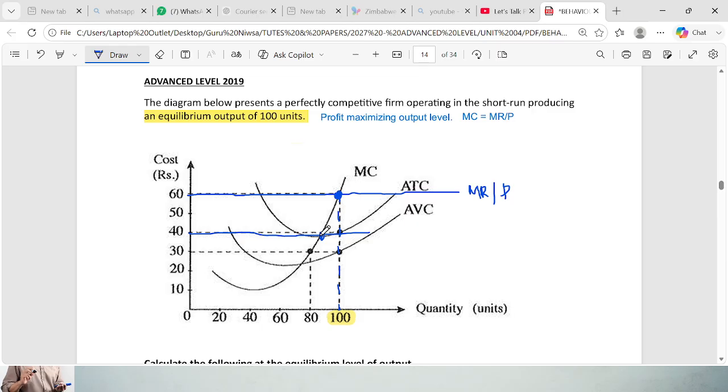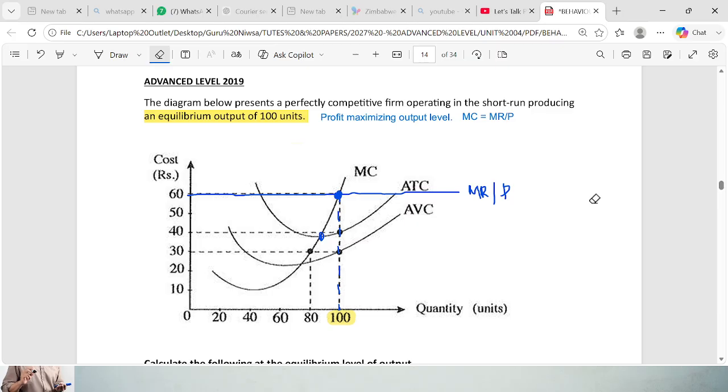So 40 or 30 cannot be market prices. If the profit maximizing output level is 100 units, marginal revenue of the product should be 60 rupees. In this question, the first step is to recognize the market price.